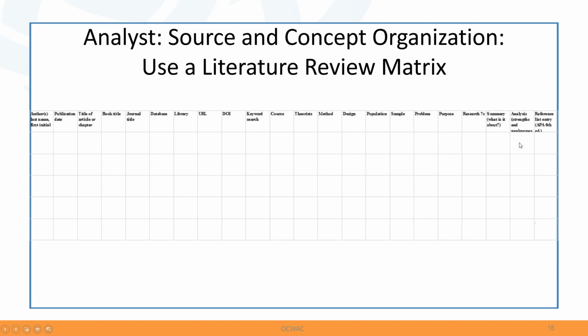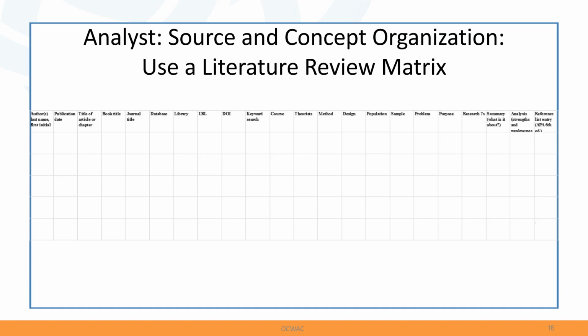What are the strengths and weaknesses? What's cut out here, it didn't fit on my slide, is a column for how this is relating to the other sources. And then I think one of the most critical columns is going to be thematically, where is this fitting into my outline? Right, so this is where you begin to build your outline. I would say, is this going to appear in my introduction?